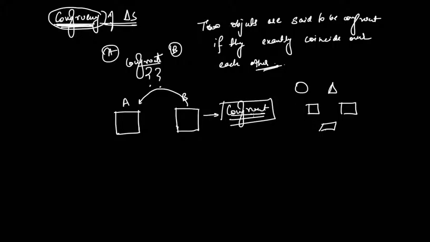If both objects are congruent, then both objects should exactly coincide with each other. Now let us see congruency in other words.